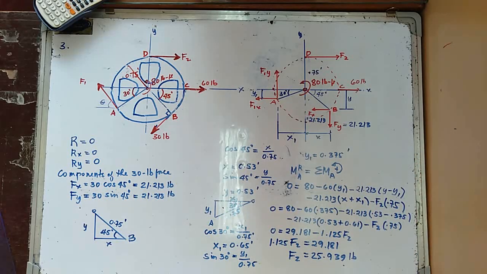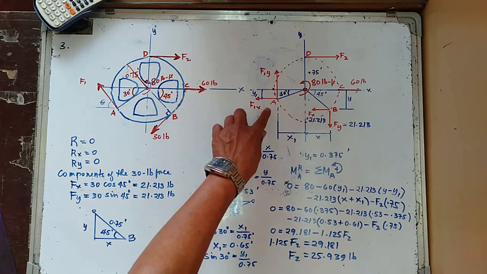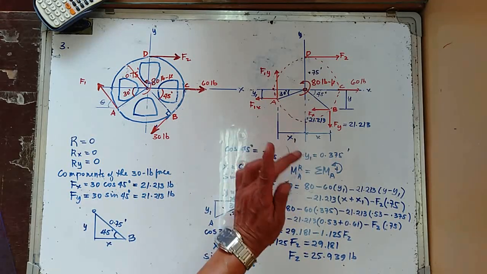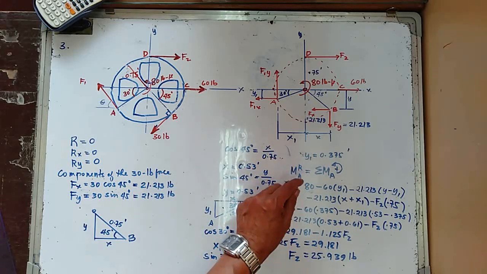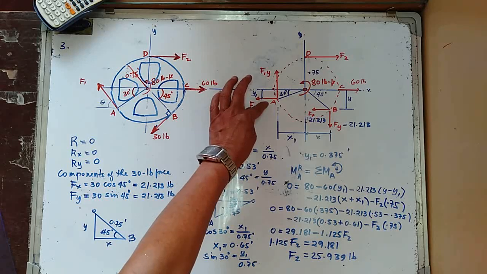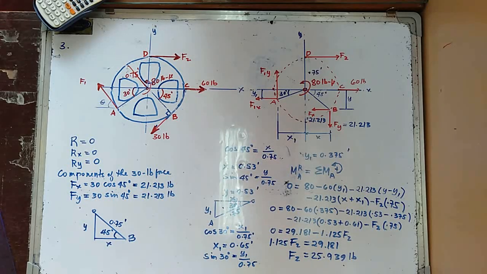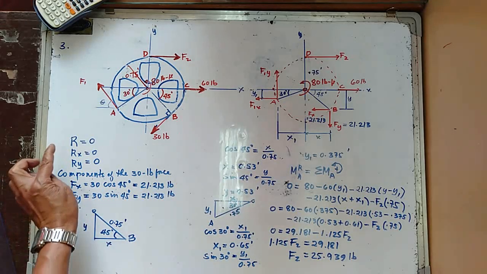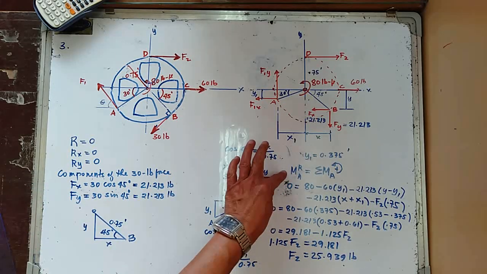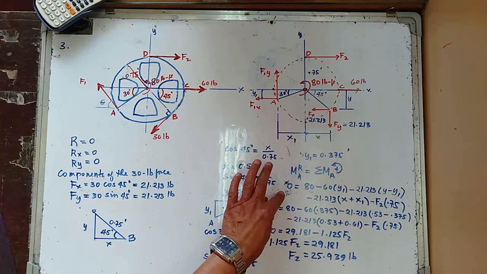Now let us determine the moment of the resultant about point A, which is equal to the summation of the moments of all the forces in the system about the same point A. Since the resultant is equal to 0, its moment about point A is equal to 0.